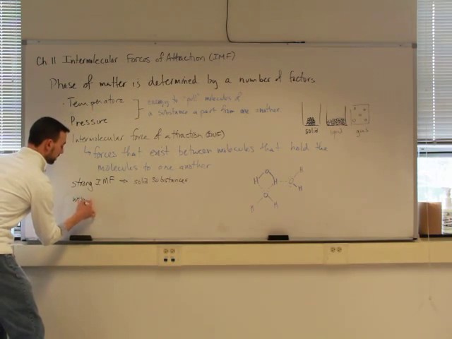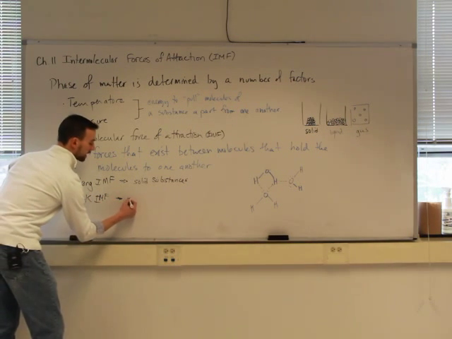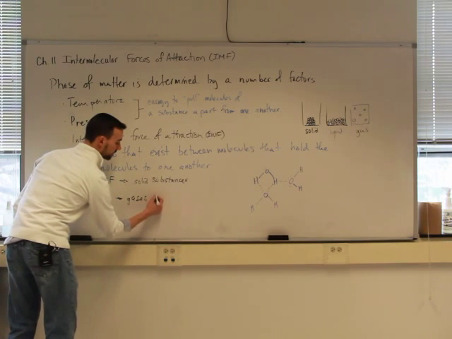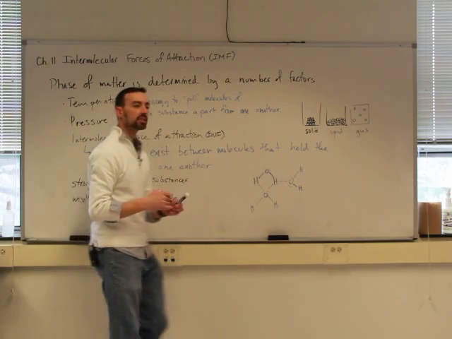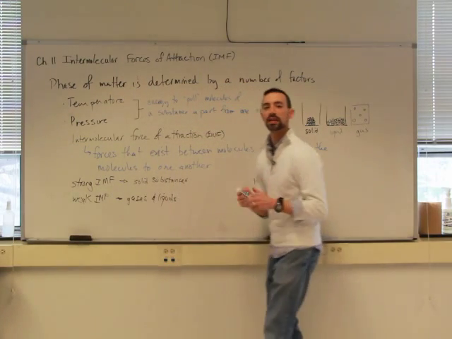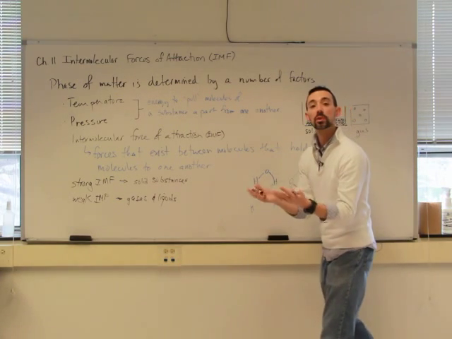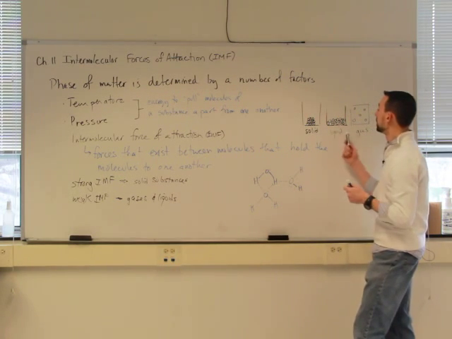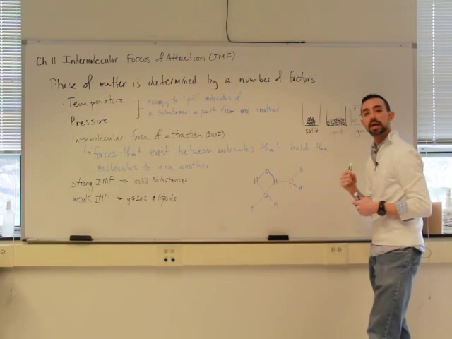Whereas weak intermolecular forces lead to gases and liquids. Okay? There is not as much attraction between the molecules, therefore it's a little easier at normal conditions that we're used to to have those substances pull apart and exist in the liquid and the gas phase.